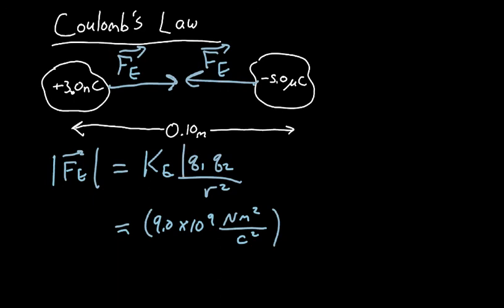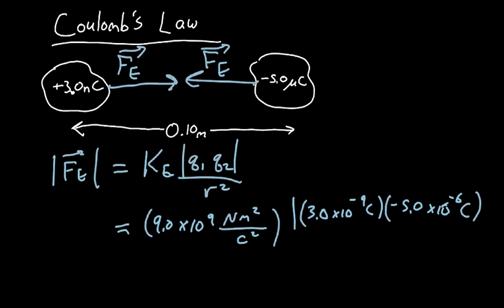I forgot to put in here, these are absolute values, since it's just for the magnitude. So I have the absolute value of, let's see, that's 3.0 nanocoulombs is what the lowercase n and the c means. Nanocoulombs is 10 to the negative 9th coulombs. And then negative 5.0, that's Greek letter mu, so that's microcoulombs, which is 10 to the negative 6 coulombs.